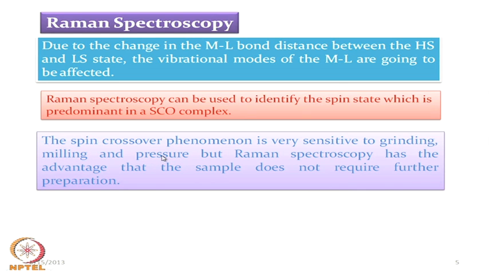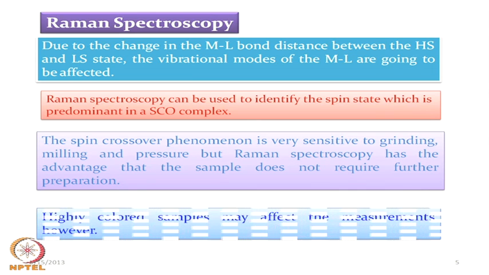During these processes our compound might change from one particular spin state to the other, but the advantage of Raman spectroscopy is that the sample preparation we use for FTIR is not required. Thus, whatever sample we have for the measurement does not require further preparation like grinding, milling and pressurization in the press to get the KBr pellet.